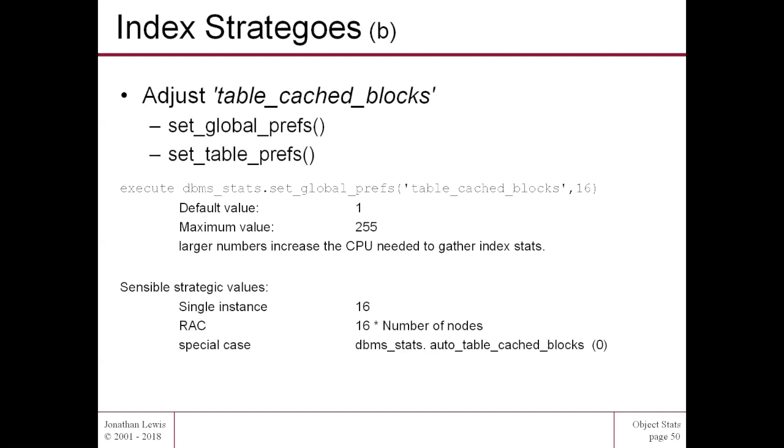And just occasionally you might want to say, well, let Oracle decide for itself, use the auto table cached blocks size. But we can address the clustering factor on indexes, okay? It's important to do that if you want to get a better chance that Oracle chooses the right index in different circumstances.